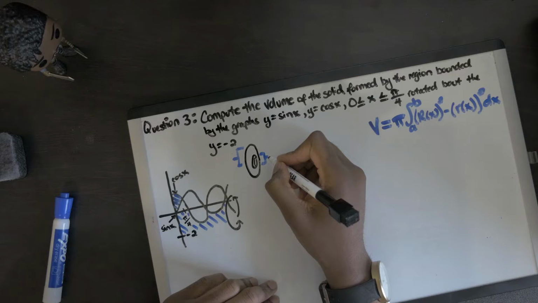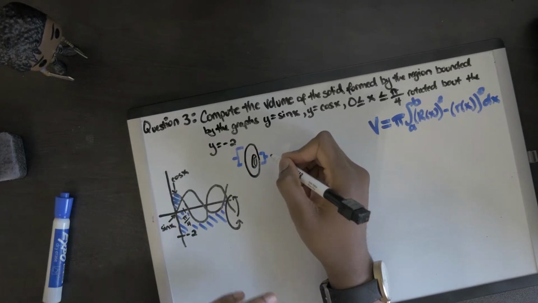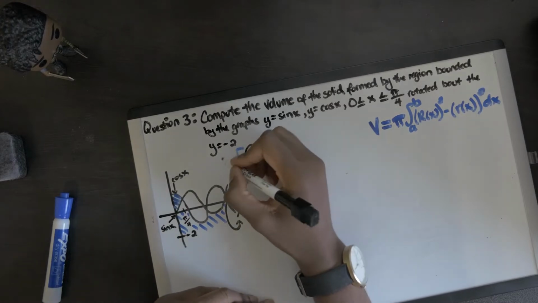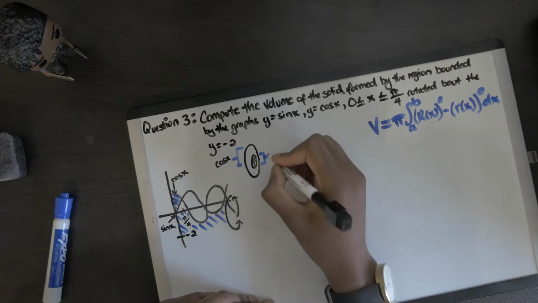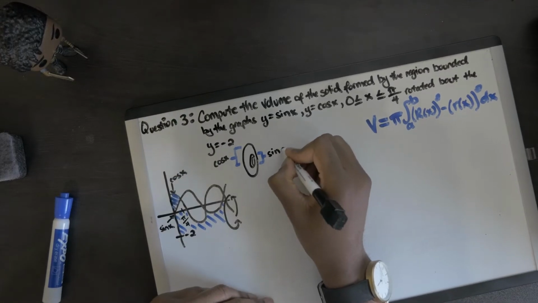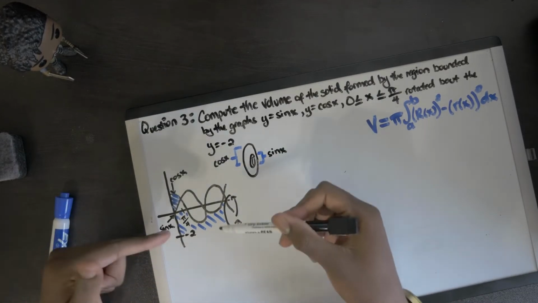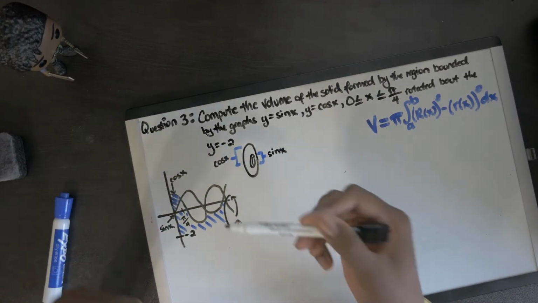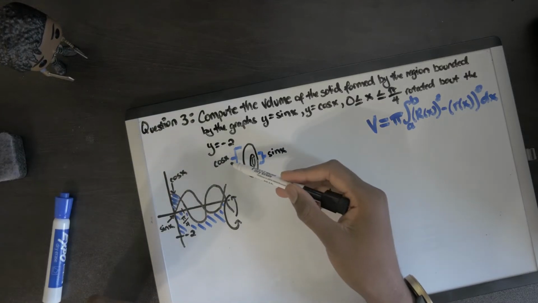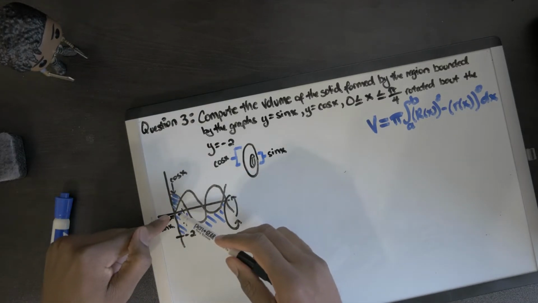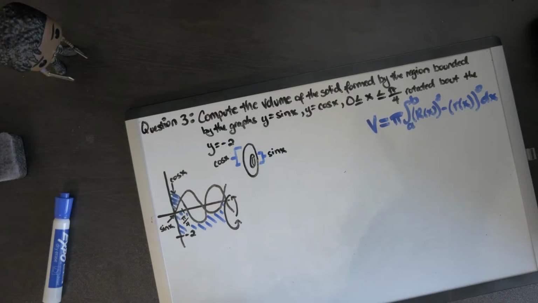So we know the larger of the radii is going to be the cosine. Okay, so the cosine will be here, cosine x, and the smaller would be the sine x. And if you don't believe me, of course, draw your own graph and then rotate it about that -2, and you'll actually see that since the cosine is out, that's why it's the larger of the two, and since the sine is actually the inner function, that's why it's the inner of the two radii.